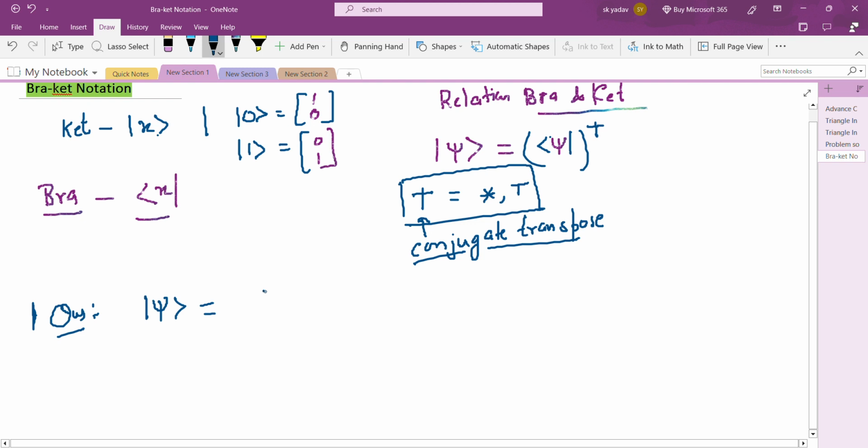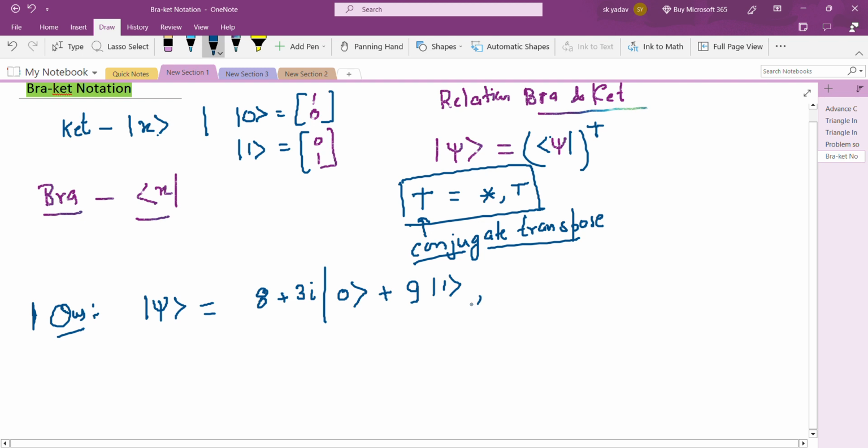Assuming here we have 8 plus 3i, and this is the vector notation, cat vector 0, plus we have 9 of cat vector 1 that we have represented.